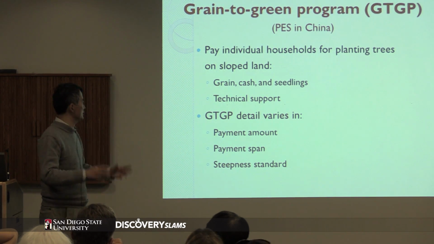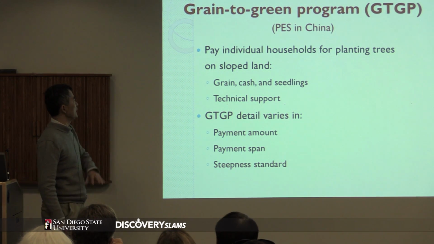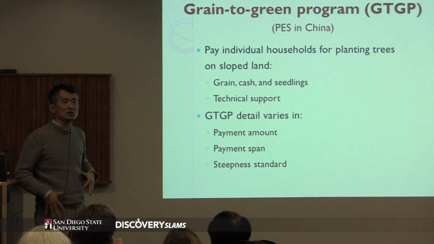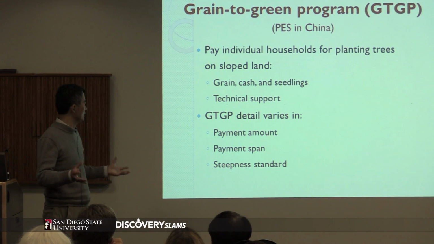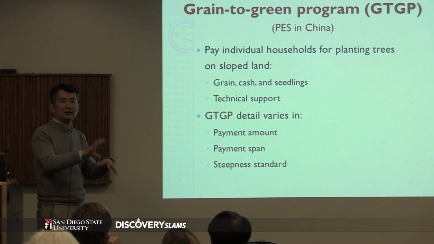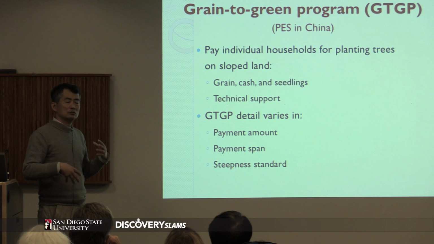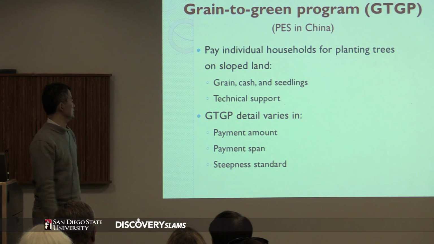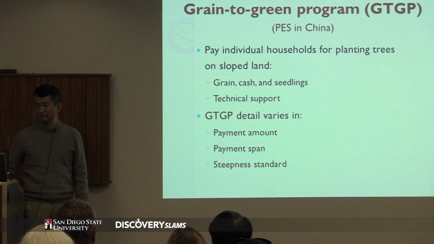Right now, it's the 3rd phase. So basically what they do is they pay individual households some money, grain, cash, or savings, and also the government provides some technical support. In return, the farmers stop farming and plant some trees on their steep farmland. This is what they have done.